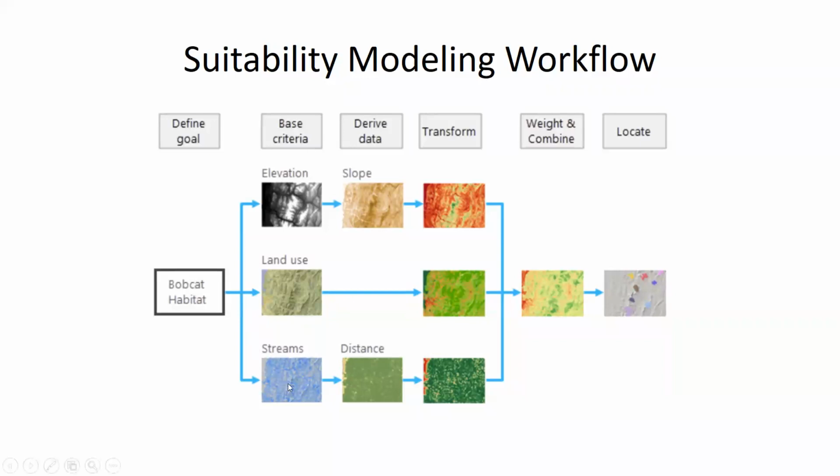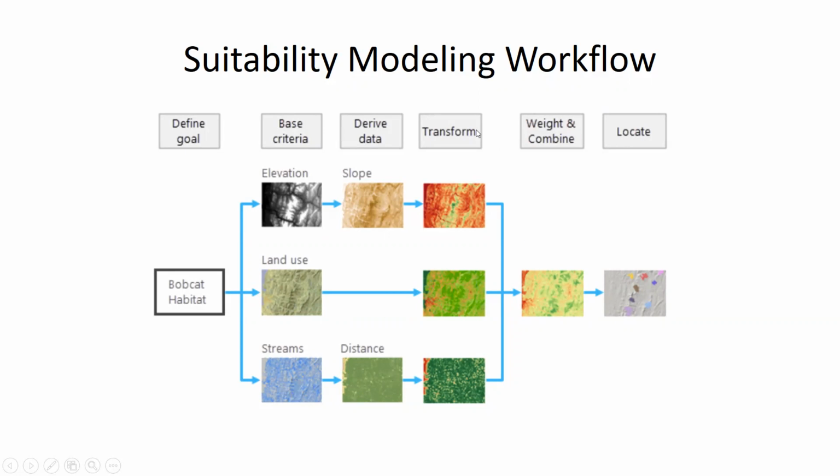So here we're looking at the base criteria. You've got the three features, the three base criteria here. You then derive some data sets from the base criteria. We derive a slope surface from elevation, from a digital elevation model, and we derive distance to streams based on the data set of streams here.